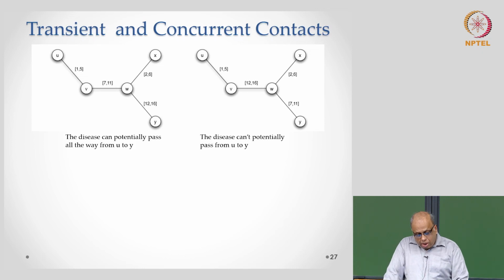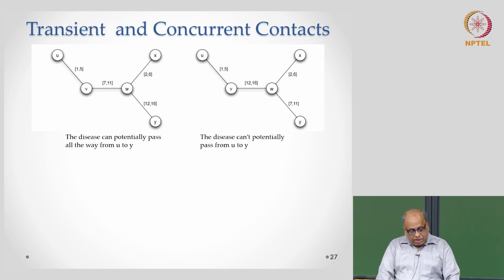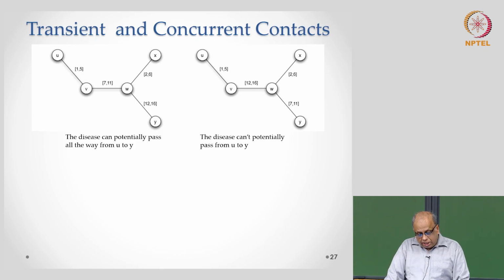So look into these two small simple social networks, and the numbers on the edges reflect the amount of time those two persons are in contact with. Okay, so for example, U and V are in contact within the time frame 1 to 5, and V and W are in contact during 7 to 11.